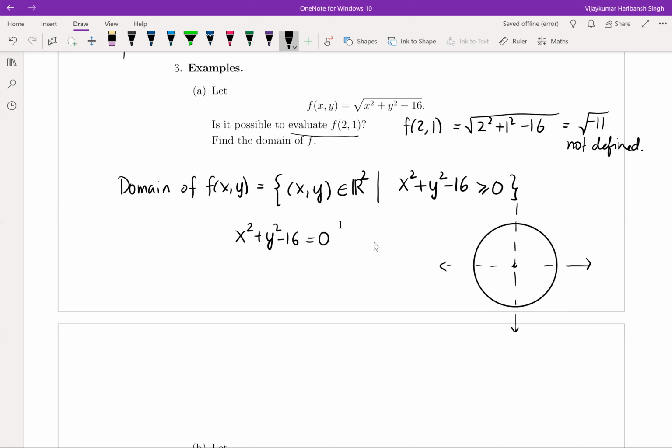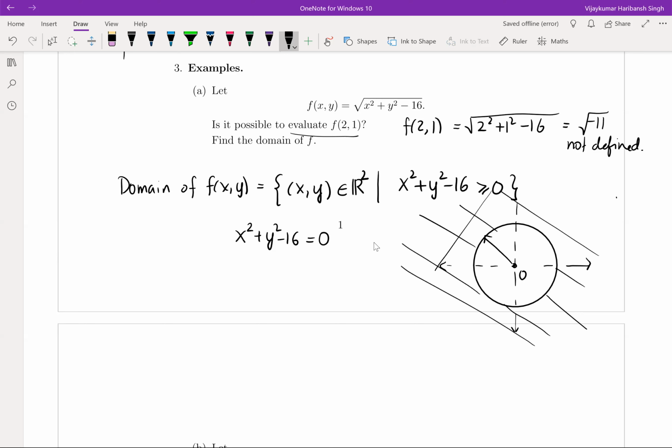So the center of this circle is 0, 0, and the radius is 4. What you need is all points such that x squared plus y squared is greater than or equal to 16. So you see that all the points outside this circle form the domain.